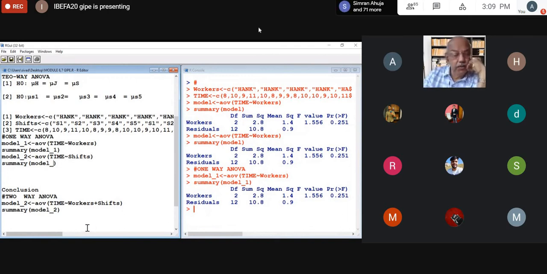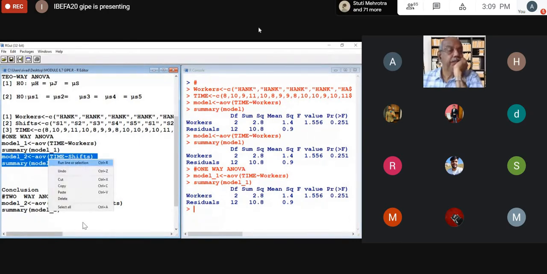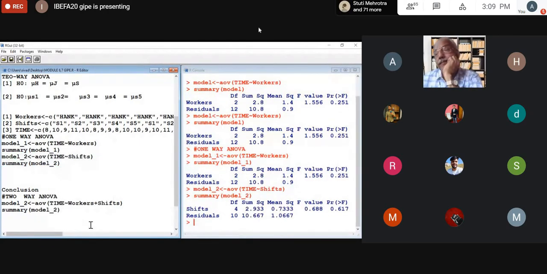Summary, model 2. See? See? Hypothesis different. P values also different.